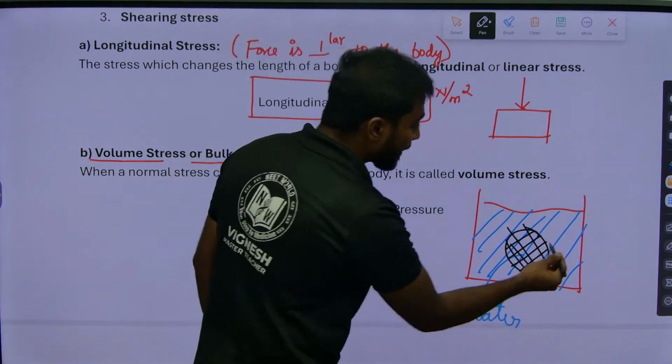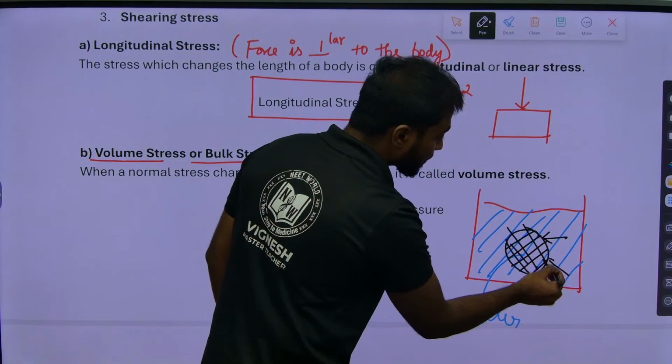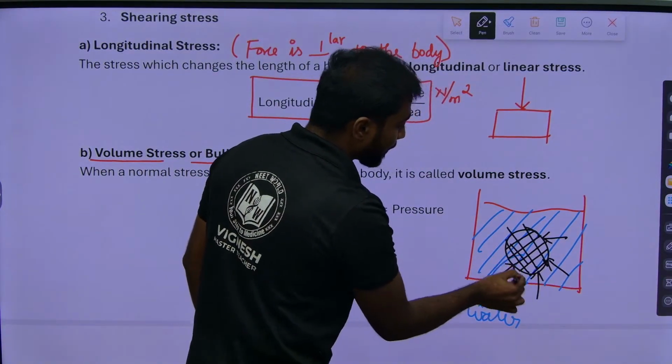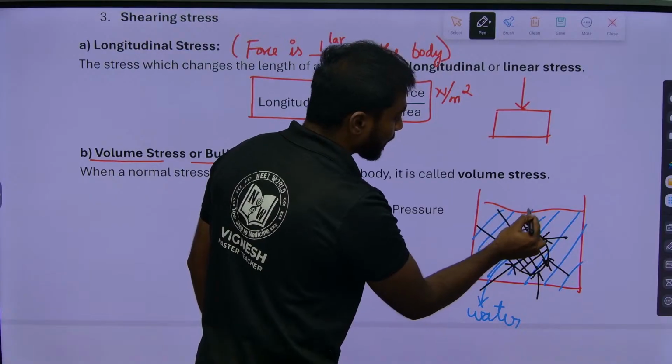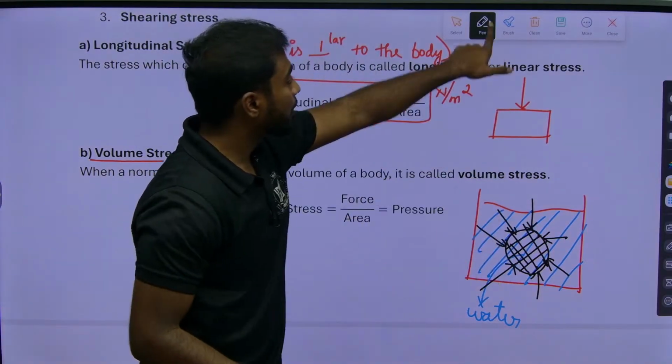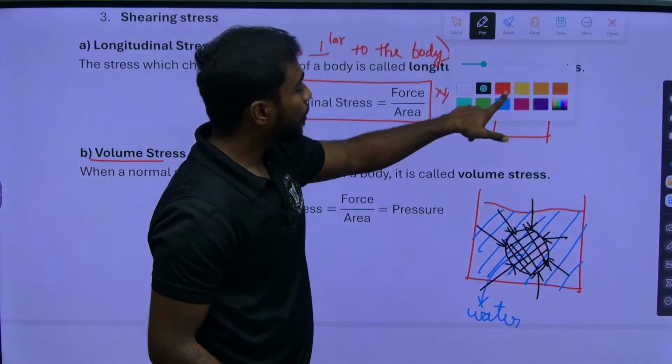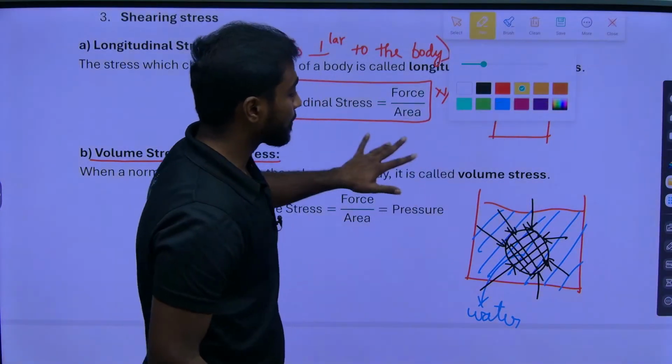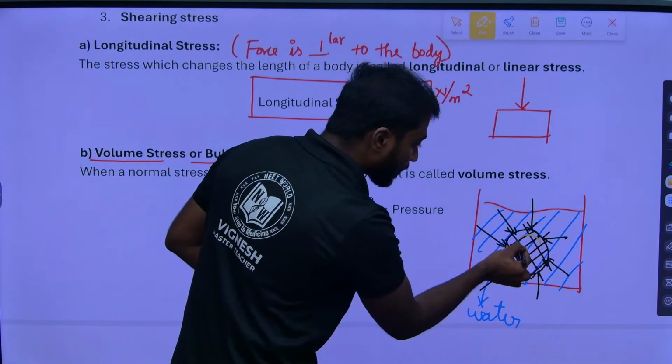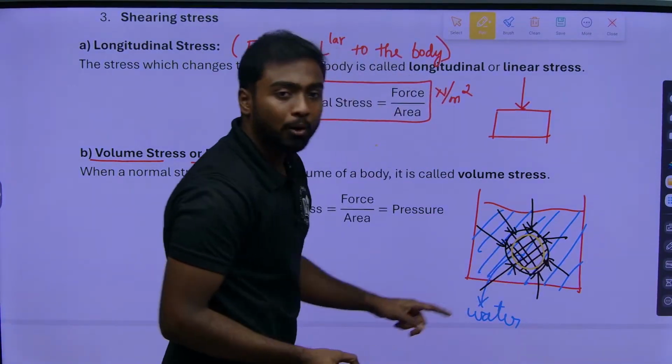The pressure will be acting from every side. Due to that pressure, this body becomes like this, so the volume is changing.